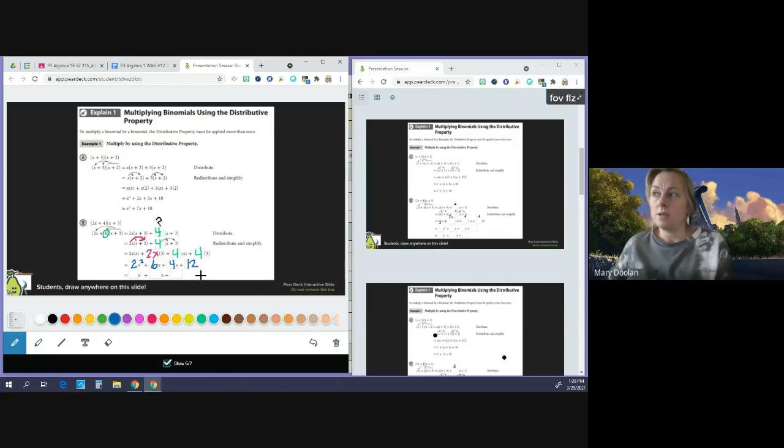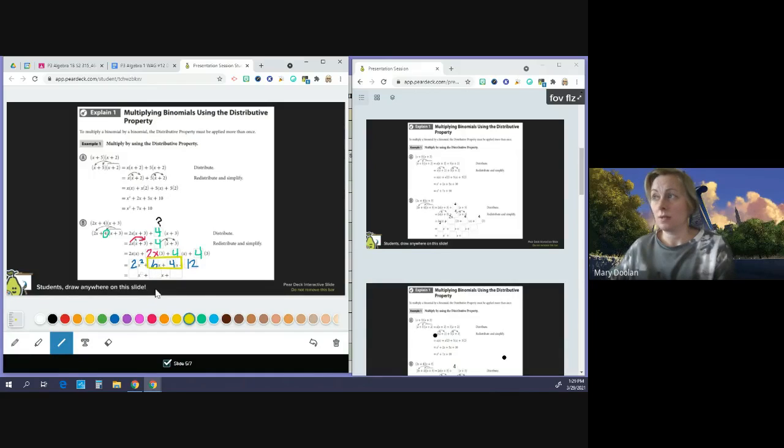Okay. And if you're looking for like terms that you can combine, you have to have the same power and the same variable. So there's 2 like terms here that I can combine, which are going to be these 2 terms.